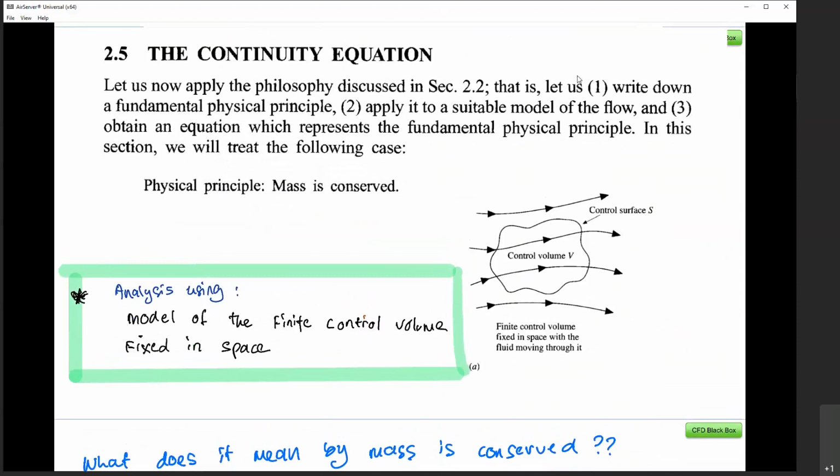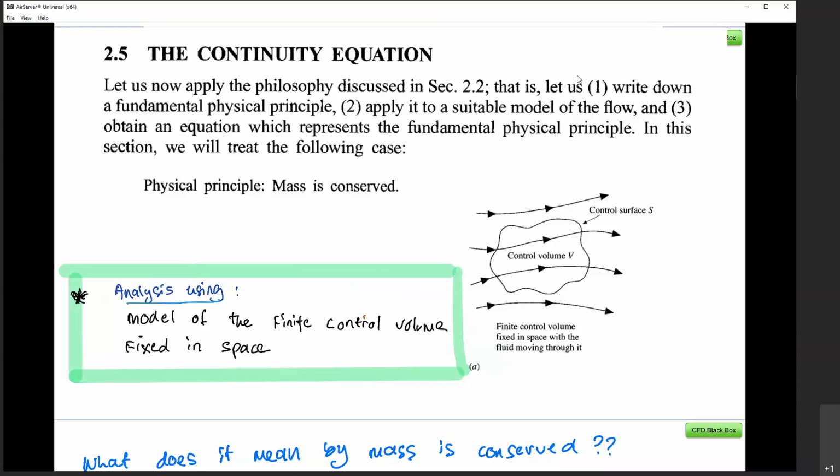All right, let's start with the first one, something that I think we have covered along the four-year course in UniMAP. The first one is the continuity equation. What is the continuity equation? Basically, the principle is that mass is conserved, or conservation of mass. To derive the continuity equation, we are going to analyze this by using the model of the finite control volume fixed in space.